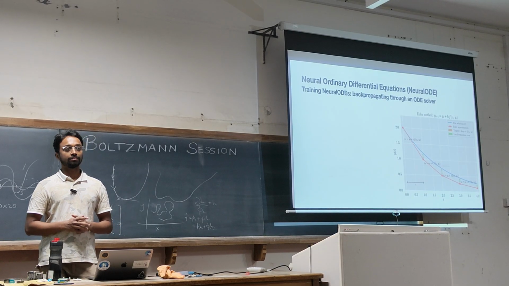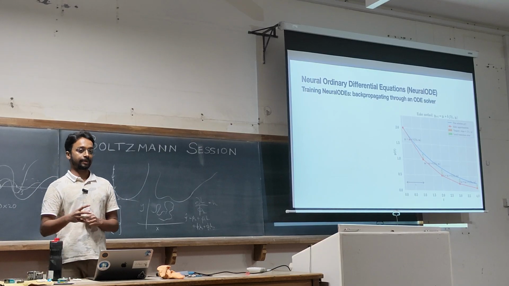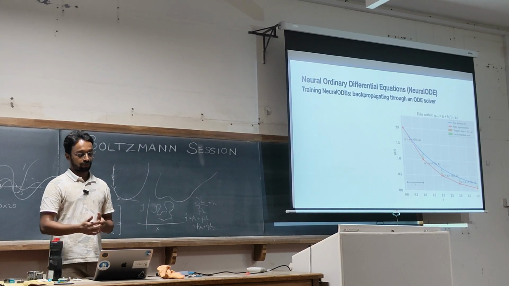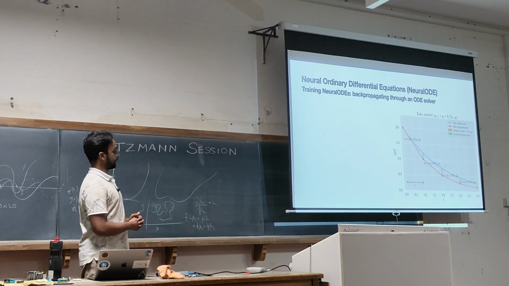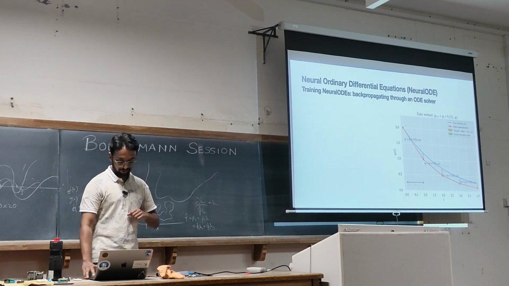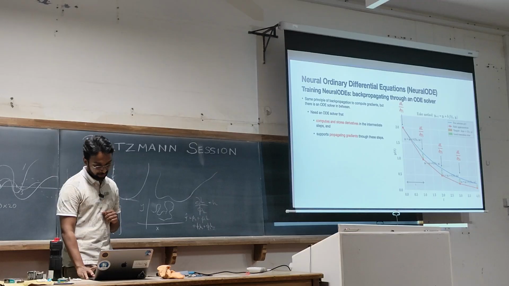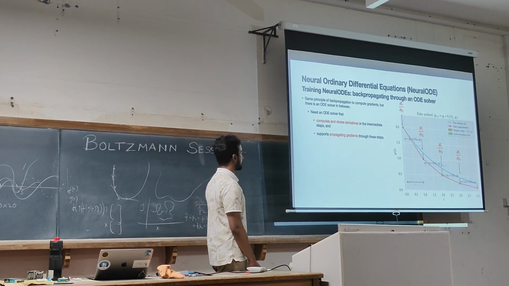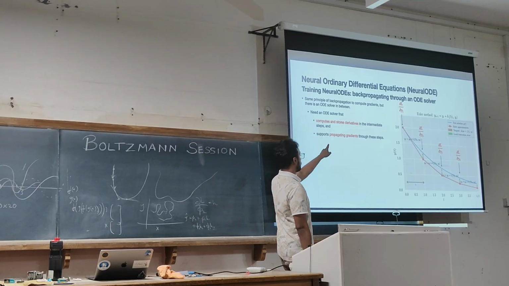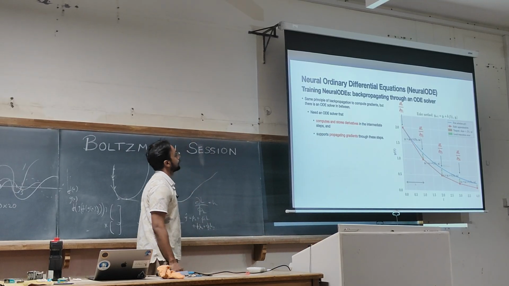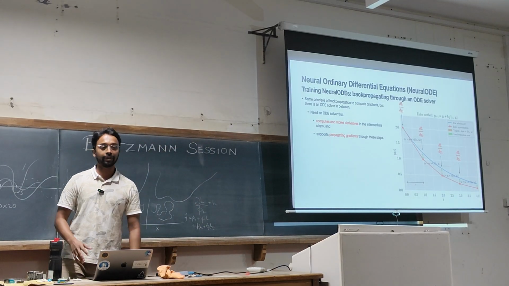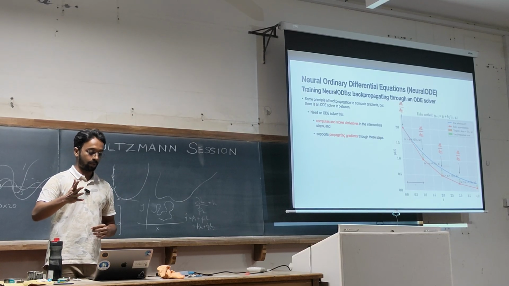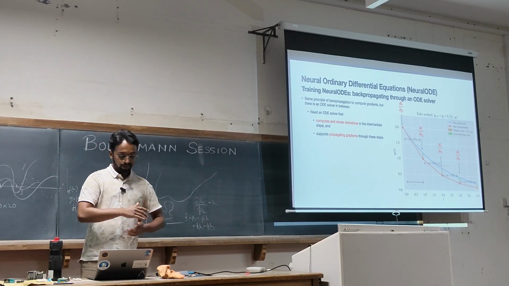So when you are trying to find how the loss varies with respect to all of the parameters in those computations, you need to do backpropagation through the ODE solver as well. If you take this simple Euler example, you need to compute the derivatives of the loss with respect to these points as well. This would involve taking the loss, computing derivatives, and propagating them through the ODE solver.